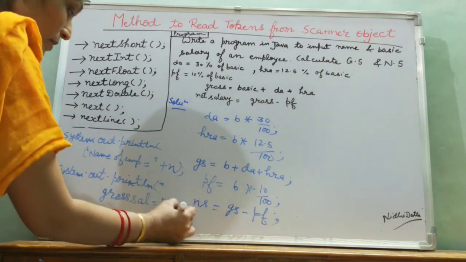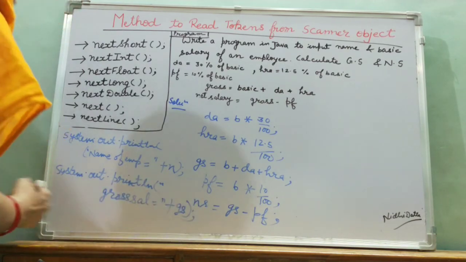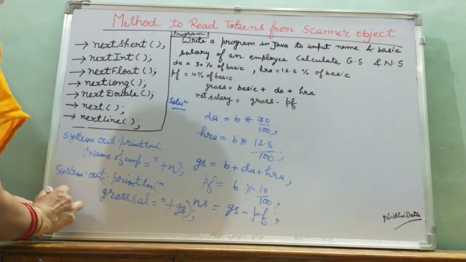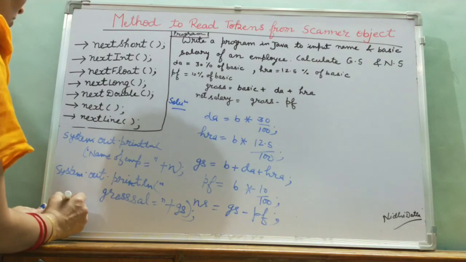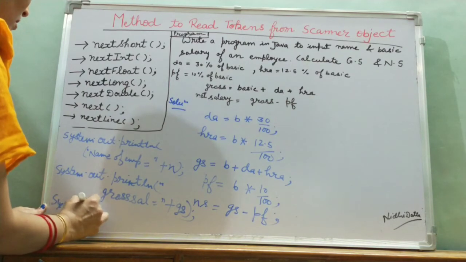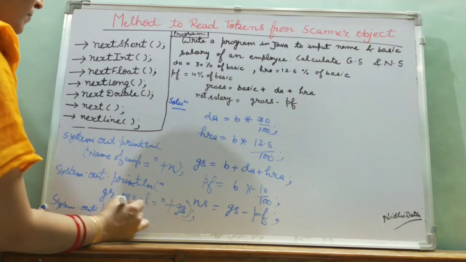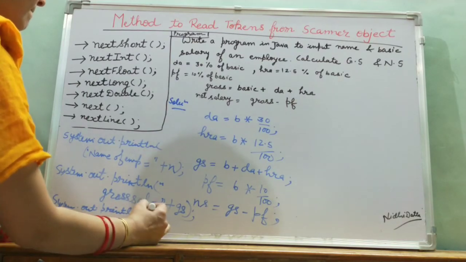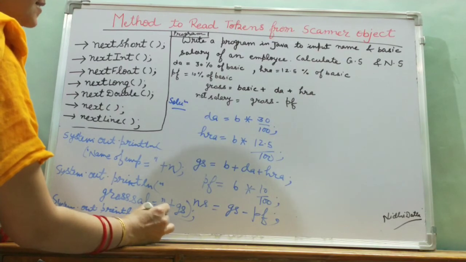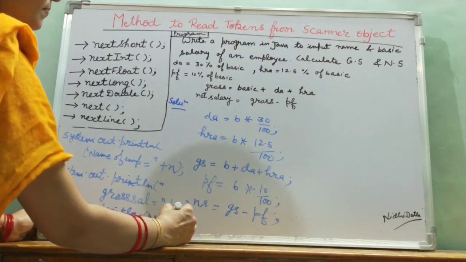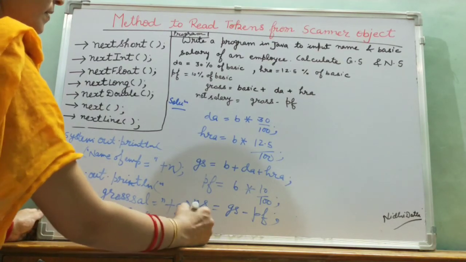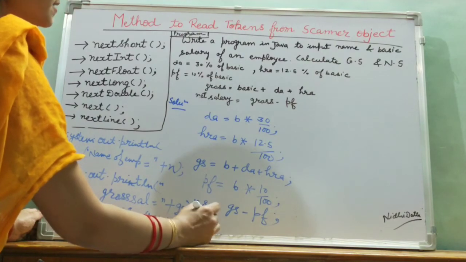Then write the variable name, bracket close, and in last System.out.println, net salary is equal to plus NS.